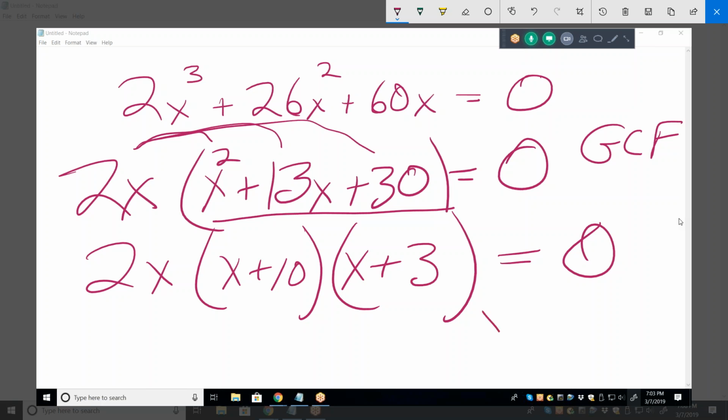What are the answers? And I'm going to tell you, because we had a cubic, we're expecting 3 answers. Quadratics give you 2 answers, cubics 3 answers, quartics give you 4 answers. So what are the 3 answers here?